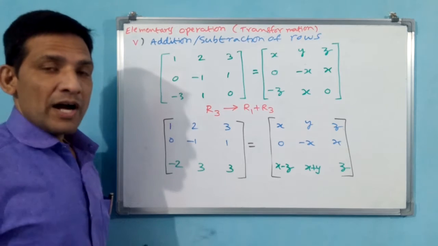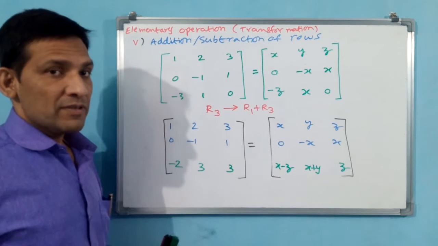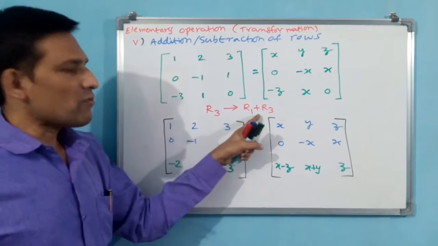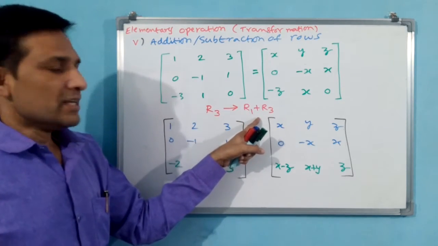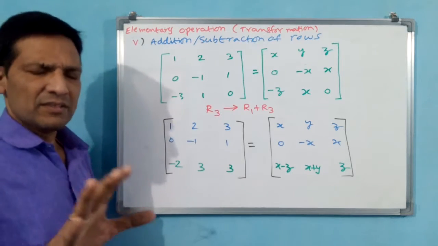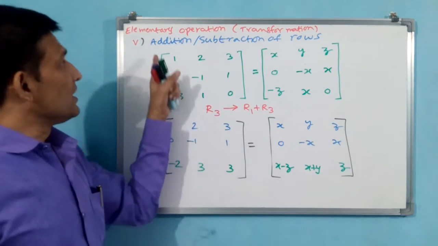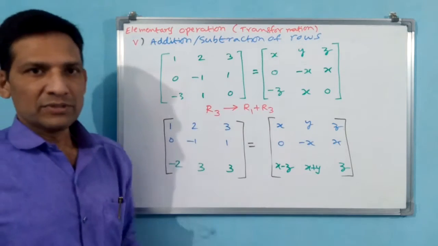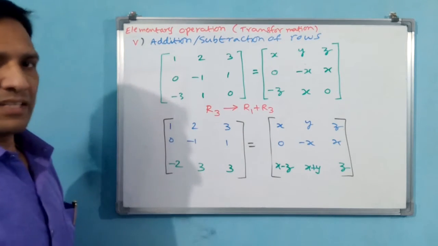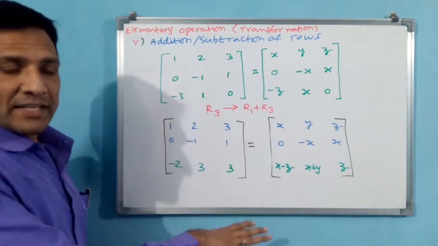Okay. Now addition or subtraction of rows. Now you see we have written addition or subtraction, but we have done addition only. Let us do subtraction in column. Why? Because the sixth operation is there, the last operation, addition or subtraction of columns. In that we will see subtraction also. Okay. Let us do this. You have understood now?